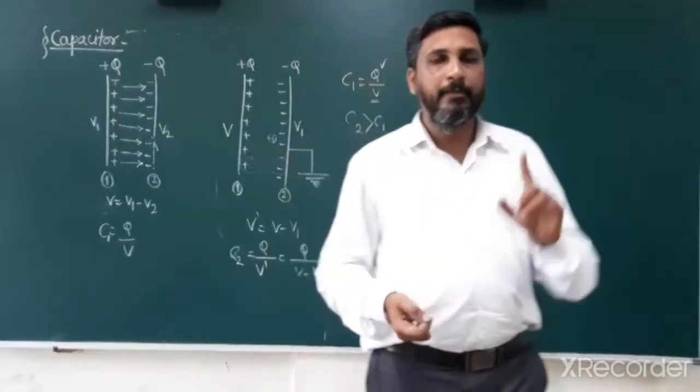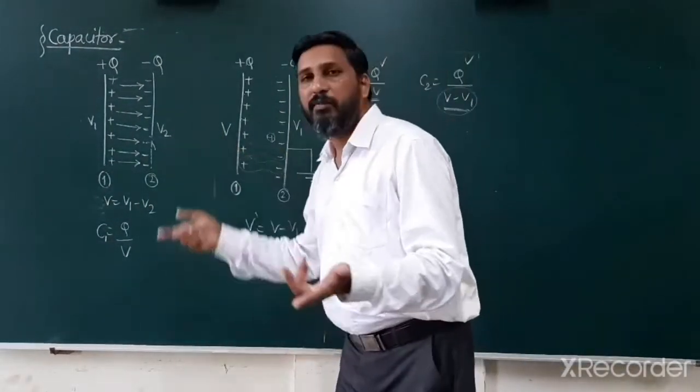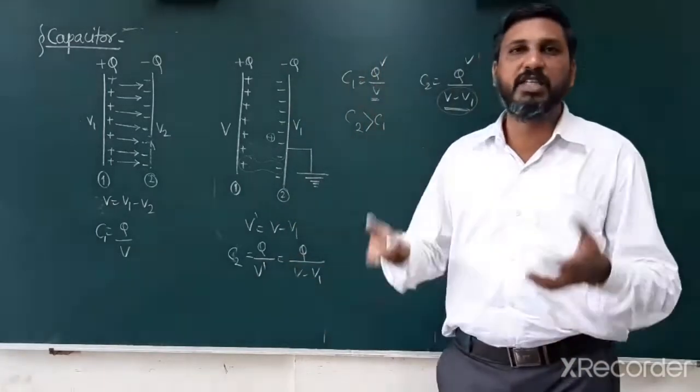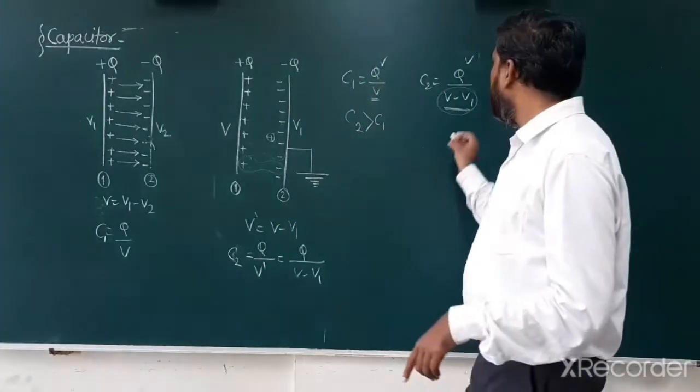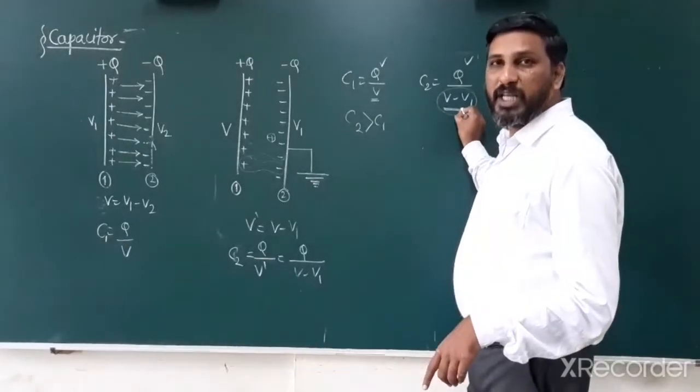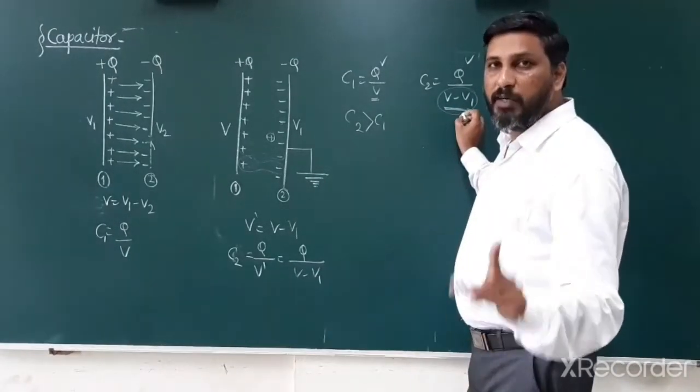Therefore, remember that. Now, in the first case the capacity will remain the same. In the second case, capacity increases. But how does it increase? By decreasing the potential, or by lowering the potential.